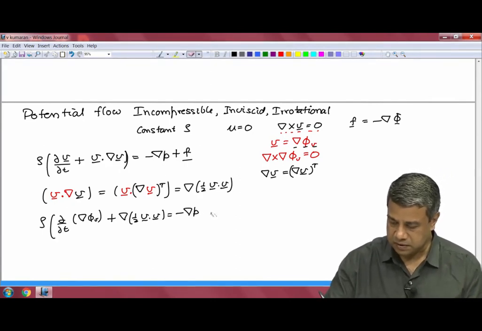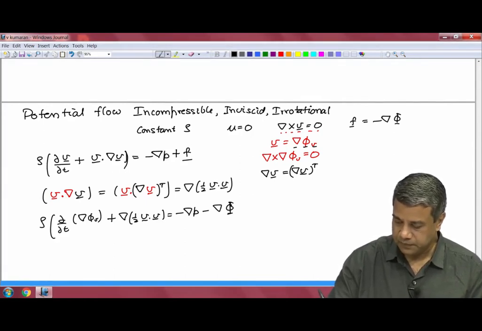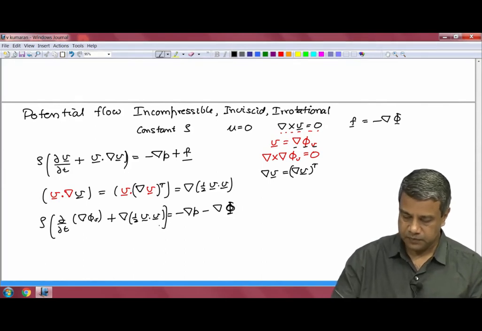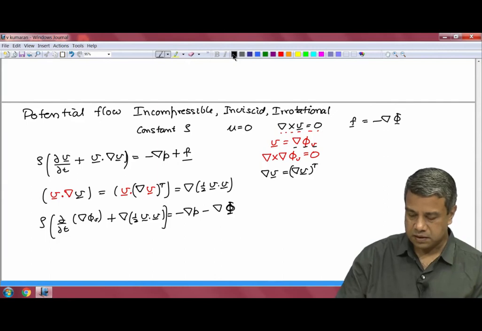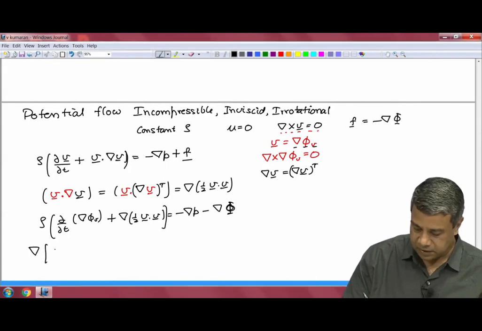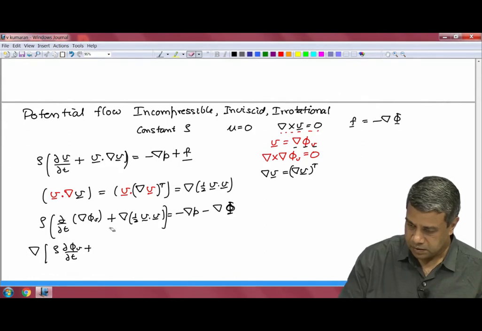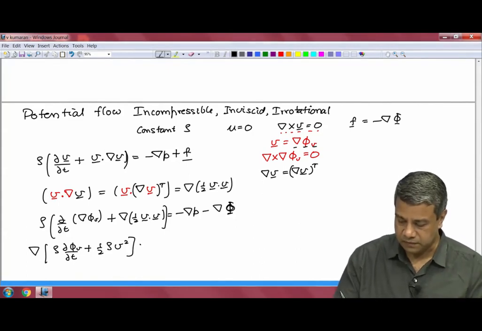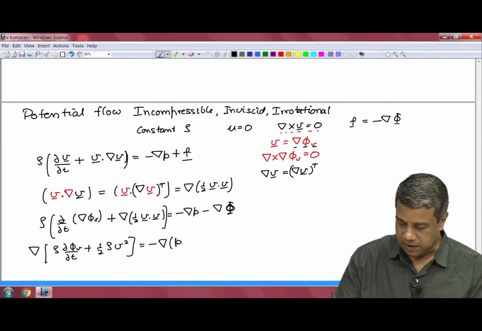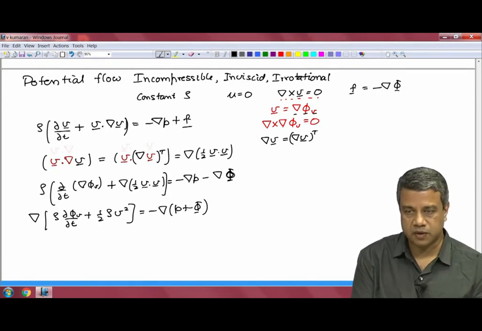And since the density is a constant and you can interchange the time and spatial derivatives, I can write this as grad of rho partial phi v by partial t plus half rho v square, where v square is v dot v, is equal to minus grad of p plus phi, where this capital phi is the potential for the force.